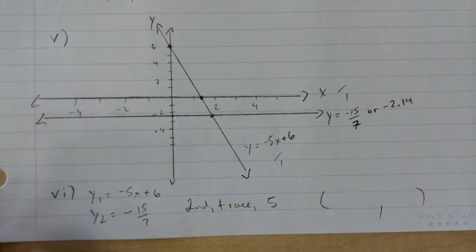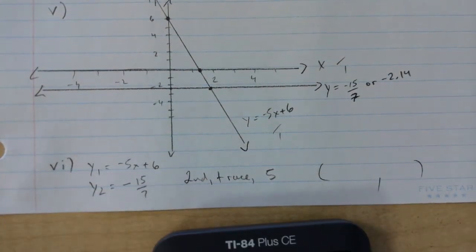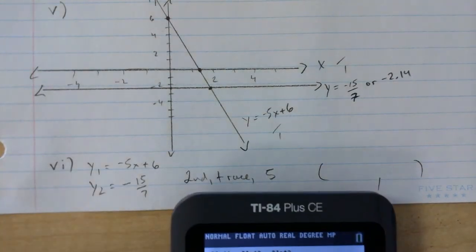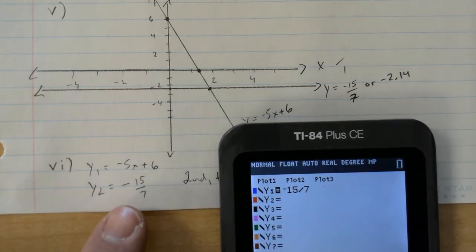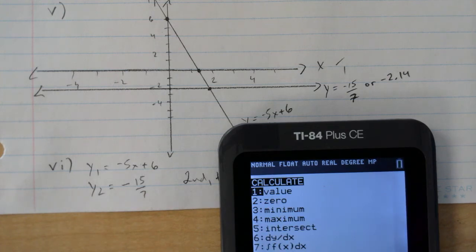So we're going to go get that now. I'm going to keep the -15/7 already in y1 because it's there, and then it's going to be -5x plus 6 in y2. As long as they're both there, that's fine. And then I'm going to go ahead and find that intersection.